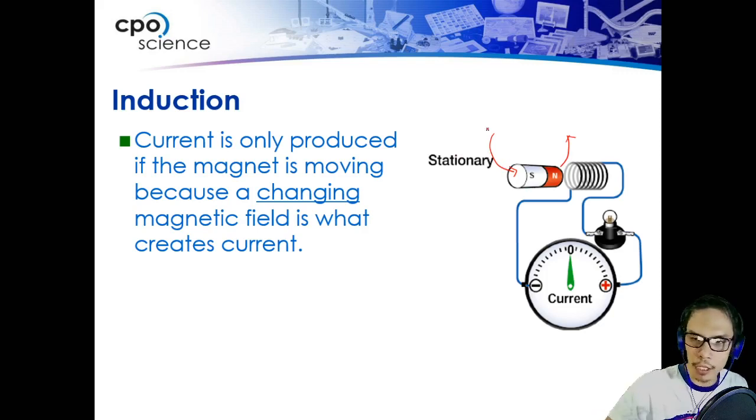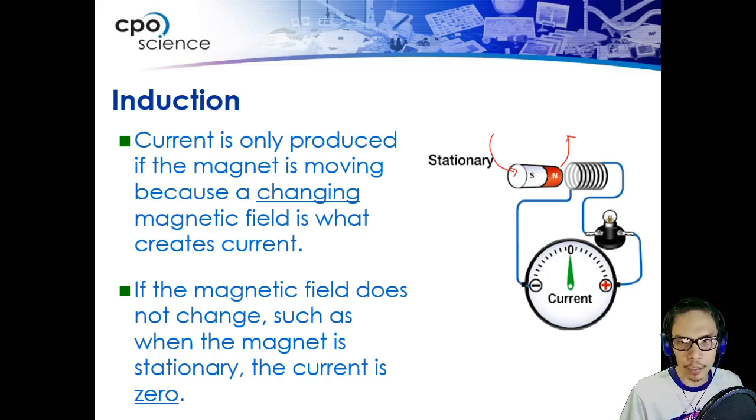So there is a difference between the direction of the magnetic field. When you flip these poles, you change the magnetic field as well. Those are the two ways that you can change the magnetic field in electromagnetic induction.